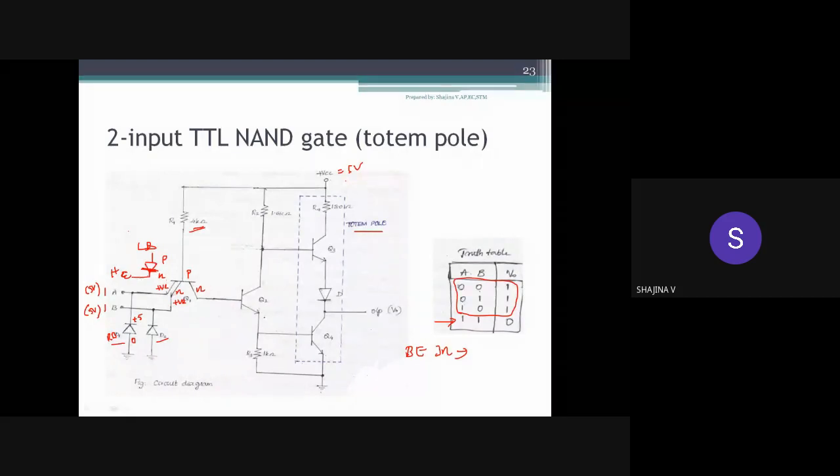So emitter is n type and base is p type, and we are applying a high voltage, logic high value, to emitter terminal, and to the base that will be less than that value. Then what is the biasing condition of that base emitter junction? Forward bias or reverse bias? Sure or no?